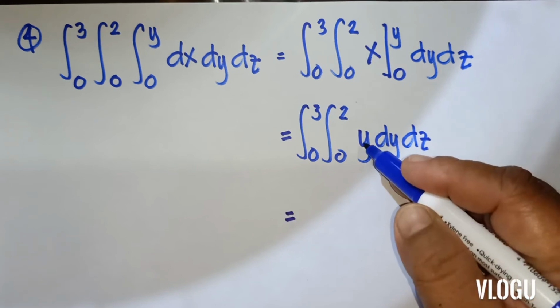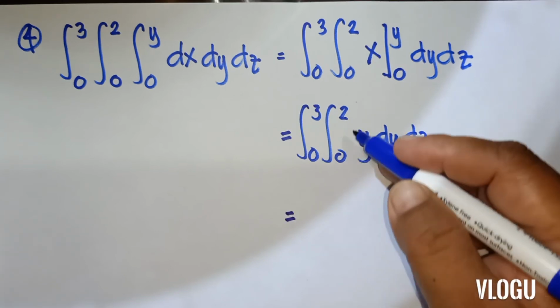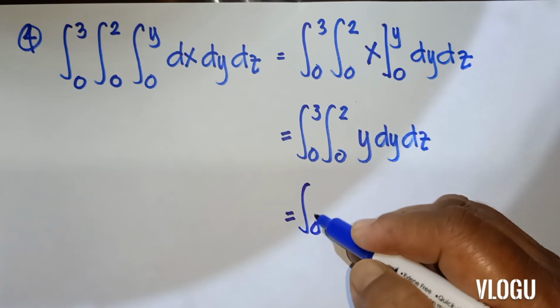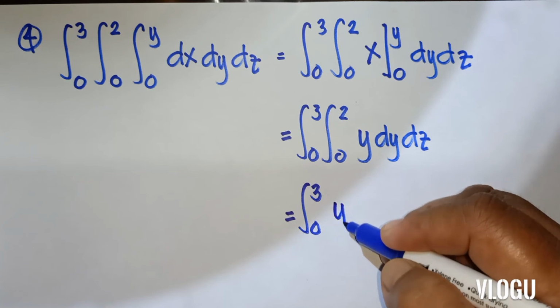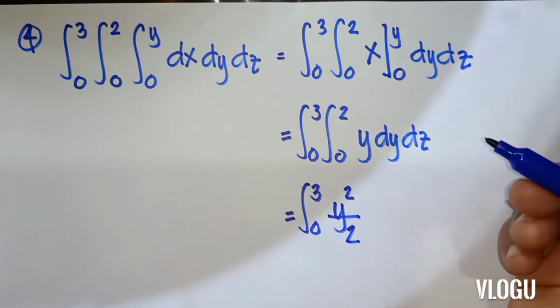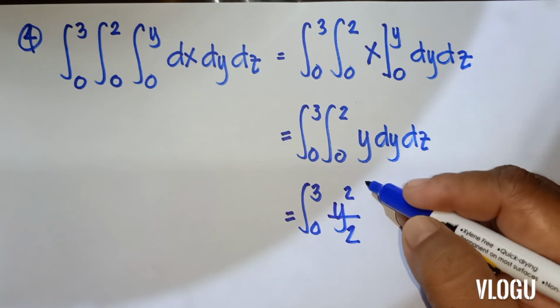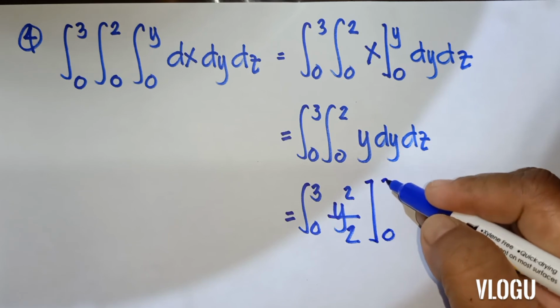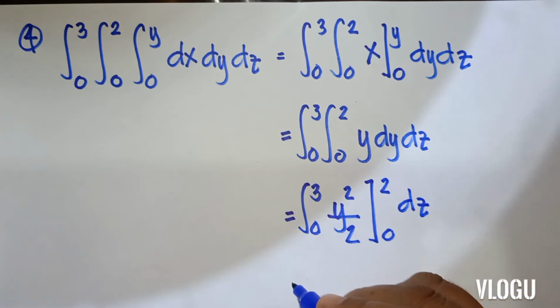The integral of y dy evaluated from 0 to 2, so you will have 0 to 3, y squared over 2, evaluated from 0 to 2, dz.